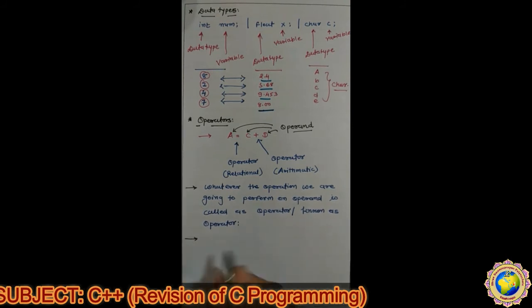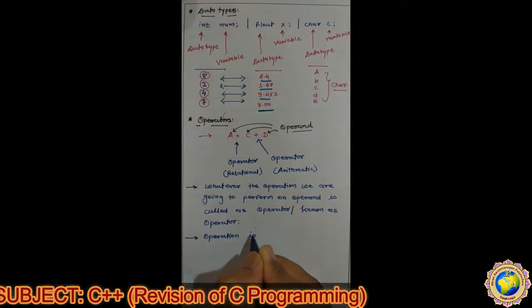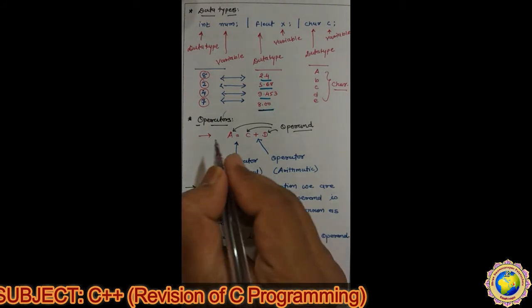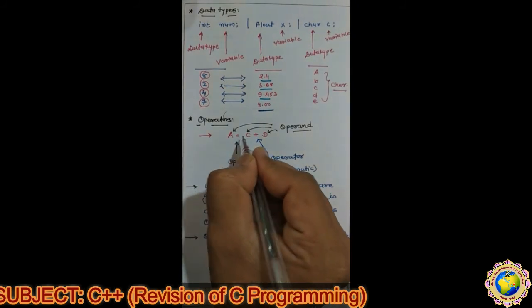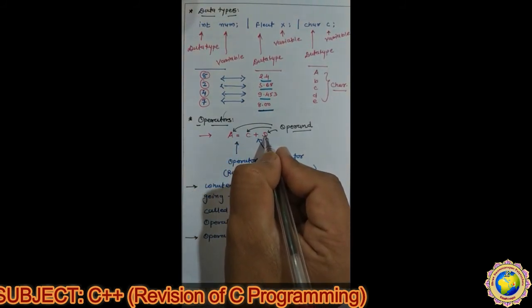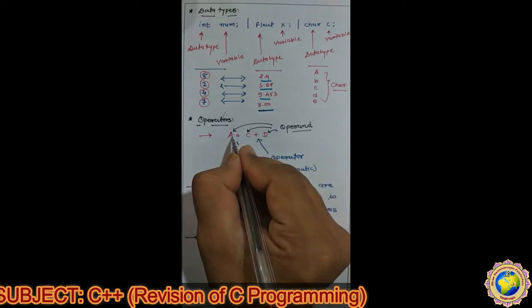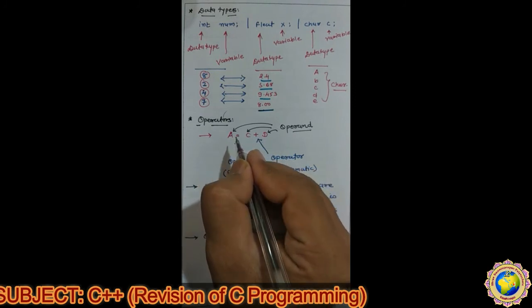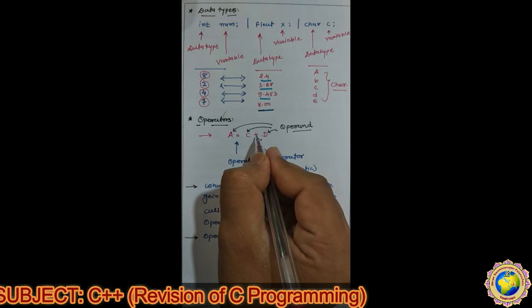Operation is performed on operand. So you can say that in the example, operation is performed on C and D, and the output is going to be stored in the variable A. So C, D and A are the operands, and is equal to and the plus are the operators.